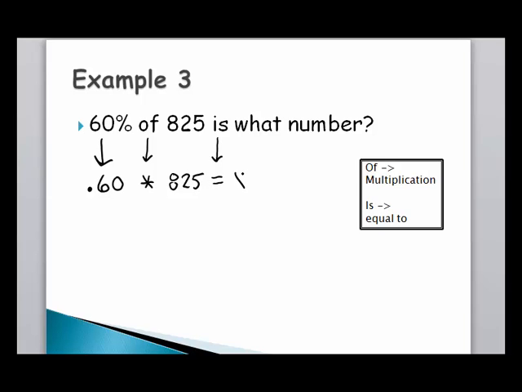Let's call it x. And so we have an expression, 0.60 times 825 is equal to x. Multiplying 0.60 times 825 gives me 495 as my x value. So 60% of 825 is 495.